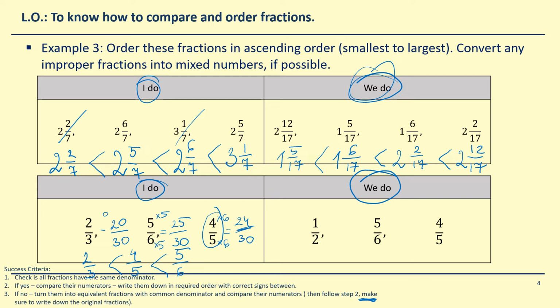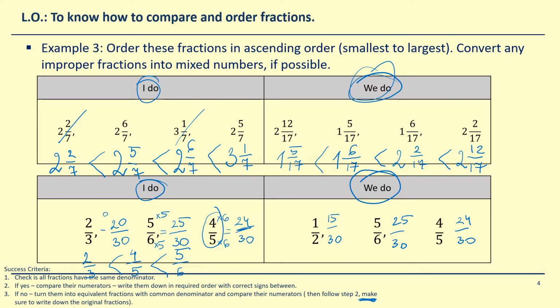And the next one, so in here you should have turned them into fractions over 30 again, so that this is equivalent to 24 over 30. This is again 25 over 30, and this is 15 over 30.